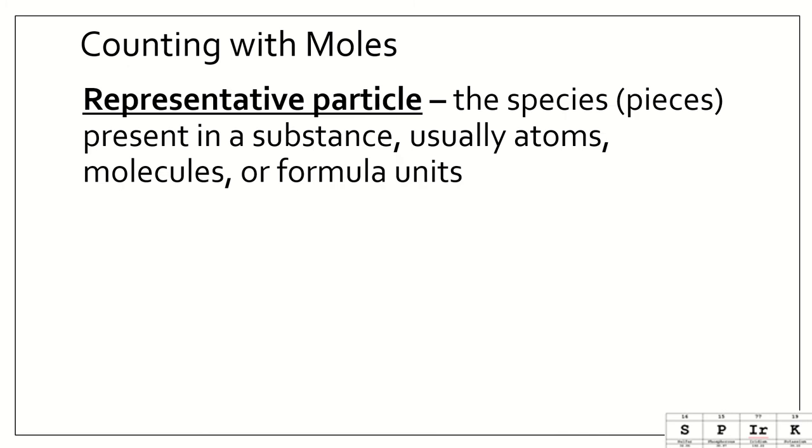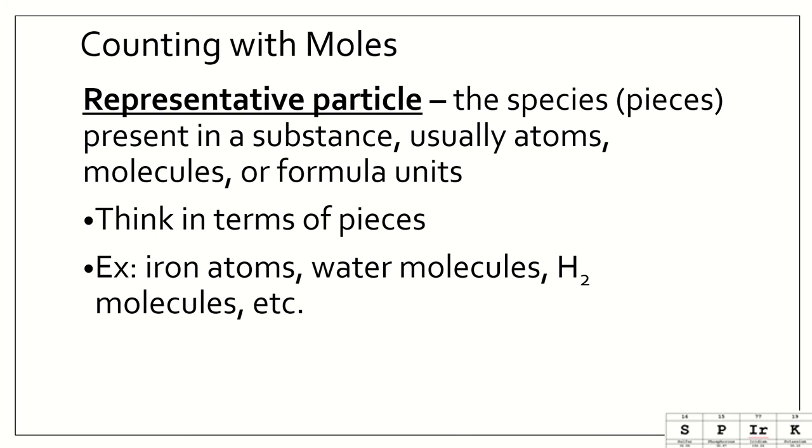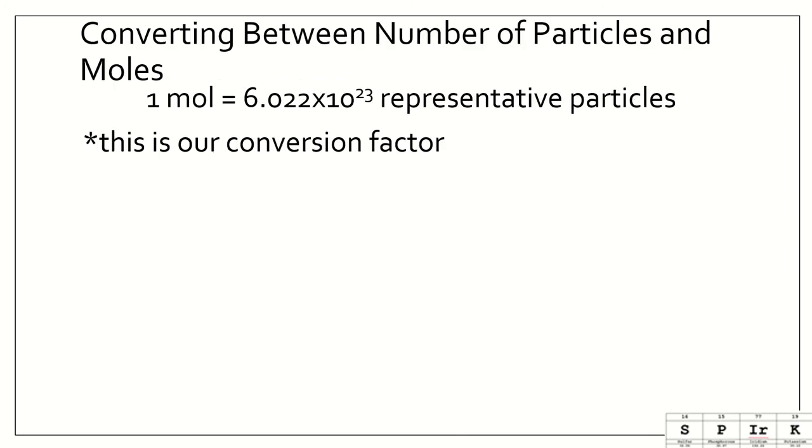So a representative particle is just the species present in a substance, usually atoms, molecules, or formula units. So think in terms of pieces. So iron atoms, water molecules, H2 molecules, and so on. So 1 mole equals 6.022 times 10 to the 23rd representative particles, and we're going to use that as our conversion factor like we did for a dozen.